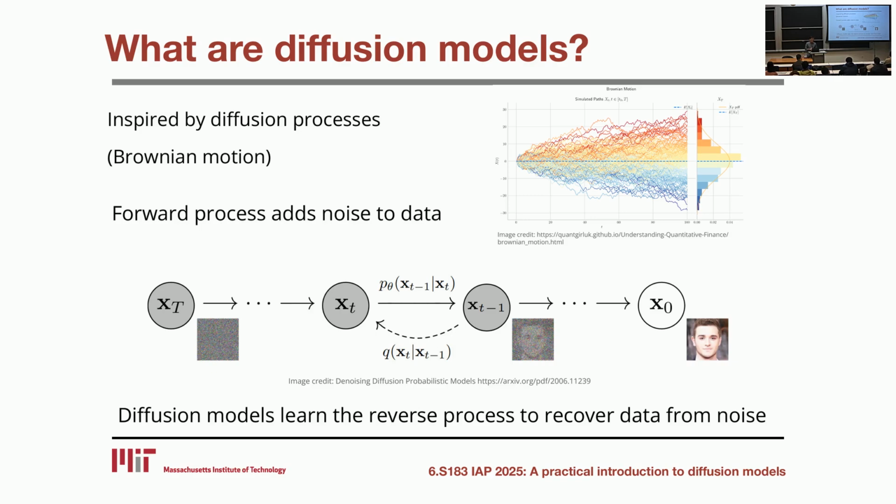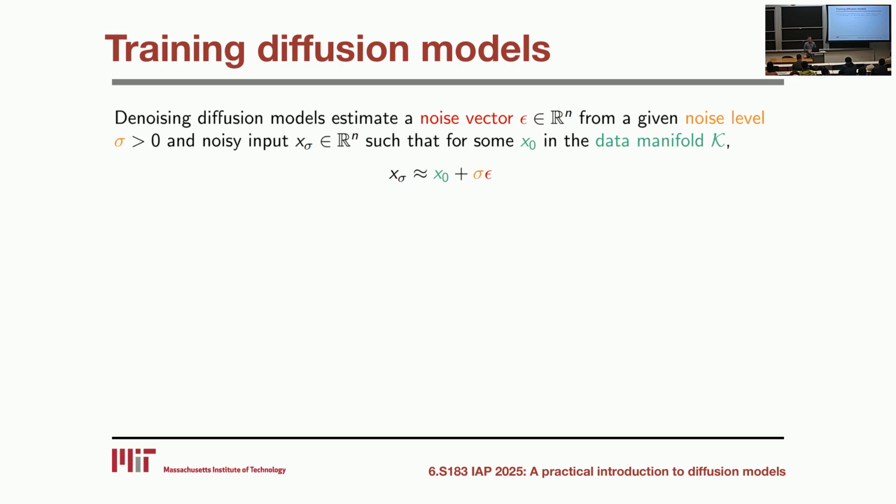And to be more concrete, let's take a look at how diffusion models are exactly trained. So how do you train a diffusion model? You start with a sample, which we call X0, from your data manifold, which could be images, could be molecules, could be anything.